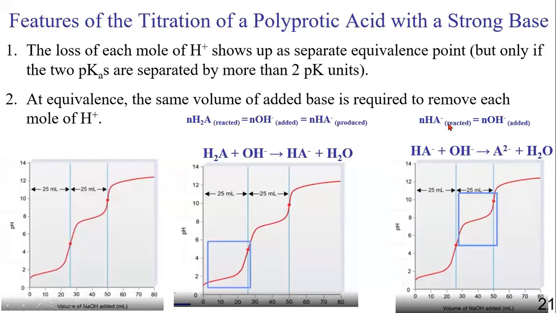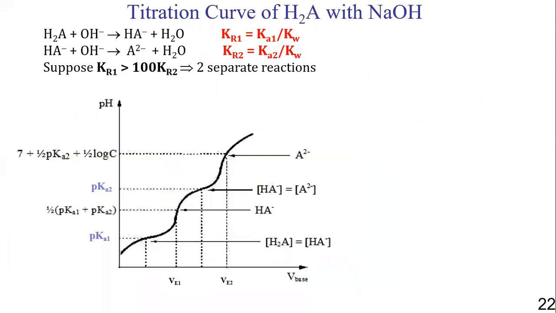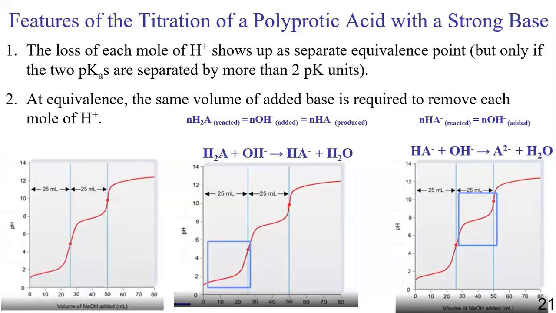So of course we need the same volume to neutralize this acid and the same volume to neutralize the H2A. So they require the same volume because they have the same number of moles in the solution. Anyhow, all you really need to know is that the first equivalence volume is equal to the second equivalence volume. Okay.